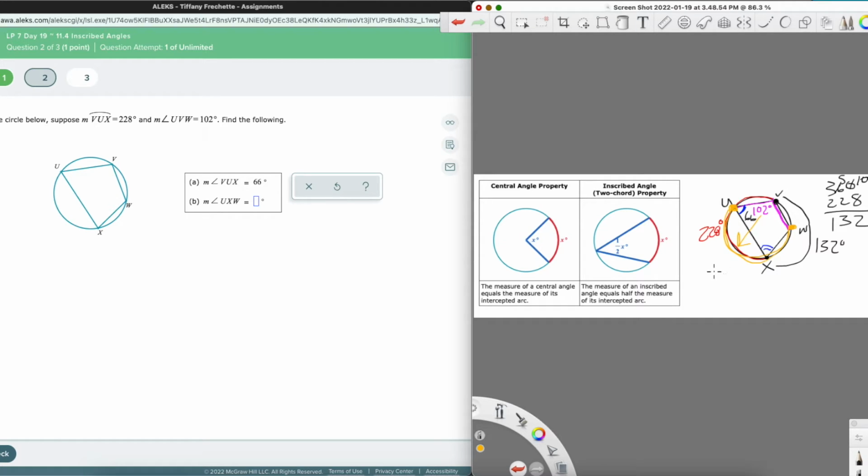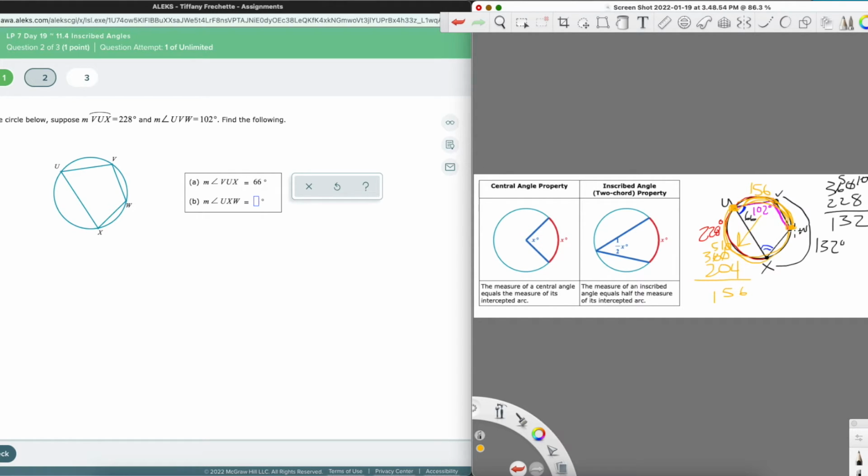So that's 204. And then if I want to find the minor arc, which is the one I'm actually focused on, that's the one I want for this other angle, I'm just going to subtract from 360 again. So that's going to be 156. So that's this arc over here going this way. And I know this is getting a little messy looking.